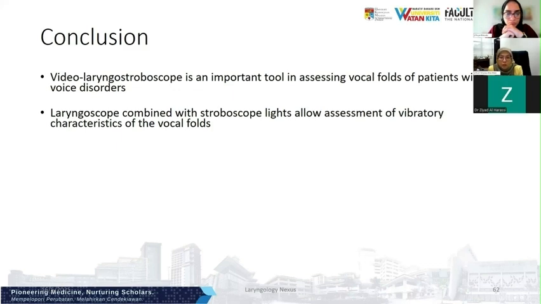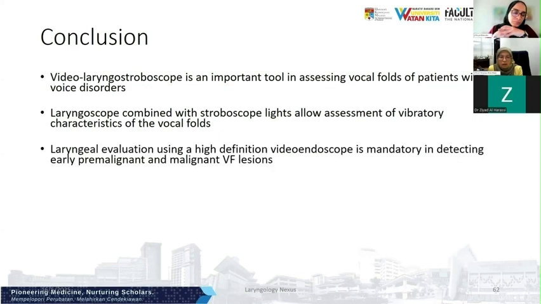Laryngoscopy combined with stroboscopy will allow assessment of the vibratory characteristics of the vocal fold, and laryngeal evaluation using a high definition video endoscope. The camera at the tip is mandatory. If you don't have stroboscopy, you don't have enhanced laryngeal imaging, at least you must have a video endoscope rather than the fiberscope.